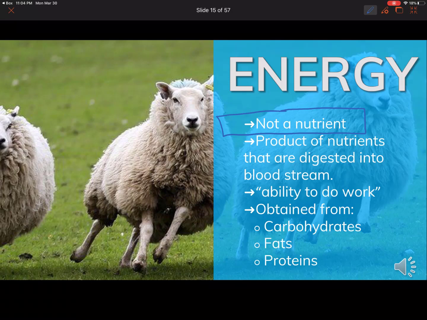Energy is not a nutrient. It's actually the product of nutrients getting broken down and then absorbed into the bloodstream. So very important. Again, energy is not a nutrient. It is a byproduct of nutrients being broken down by the body through digestion and then absorption into the bloodstream and then as it goes to its correct tissues or cellular levels.